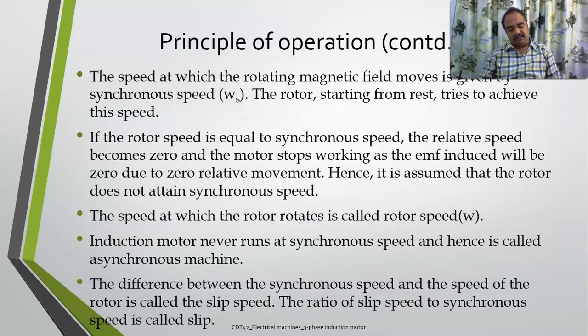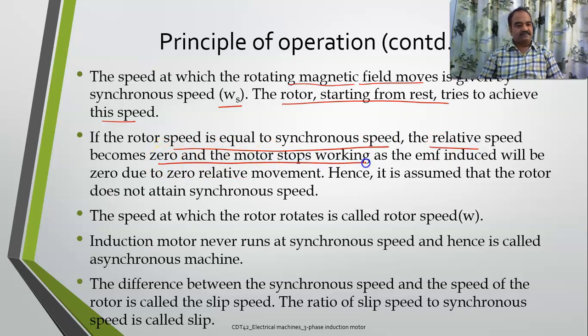See, the speed at which the rotating magnetic field moves is given by the synchronous speed. And the rotor, starting from rest, tries to achieve this speed. What happens if the rotor speed is equal to the synchronous speed? The relative speed becomes 0 and the motor stops working.